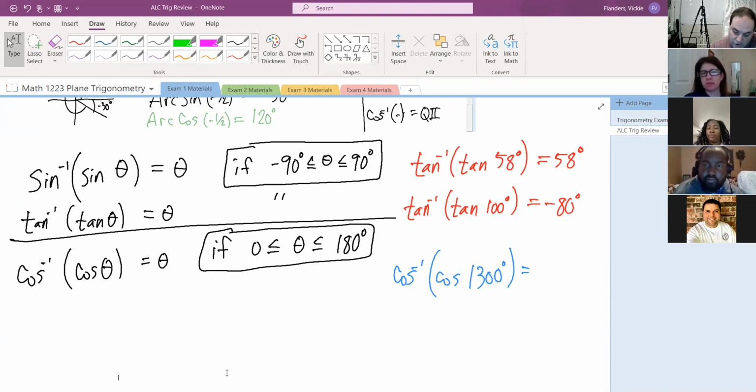Okay, so what I need to do is figure out, first of all, which quadrant I am in and what my reference angle is. Okay, so 1300, right? The first thing I'm going to do is figure out what is coterminal with 1300, but is in between 0 and 360. The way I do that is I divide 1300 by 360.